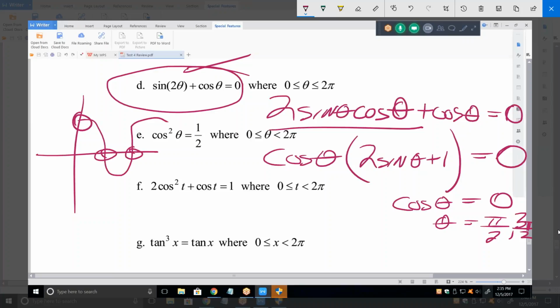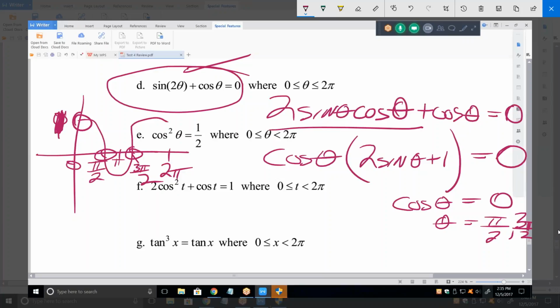In other words, you know the range is from 0 to 2 pi. So these key points are 0, pi over 2, pi, 3 pi over 2, and 2 pi.